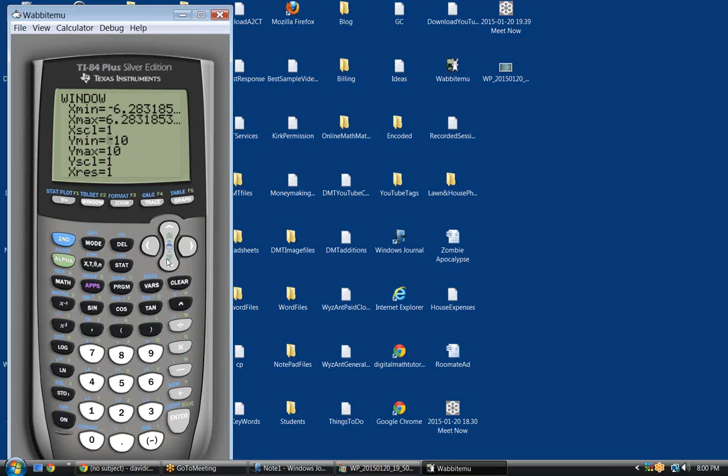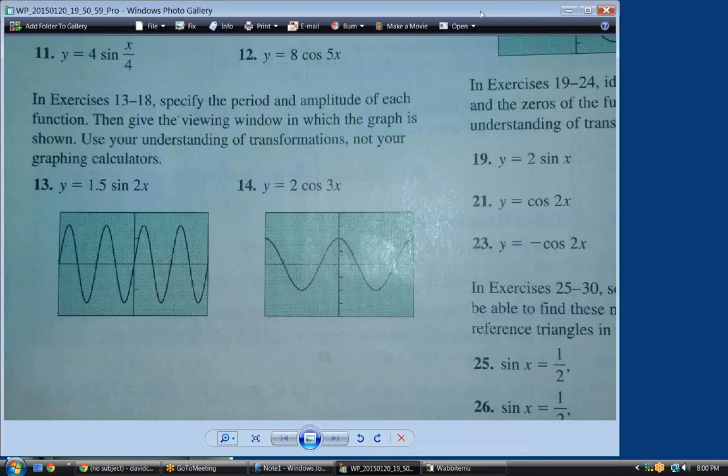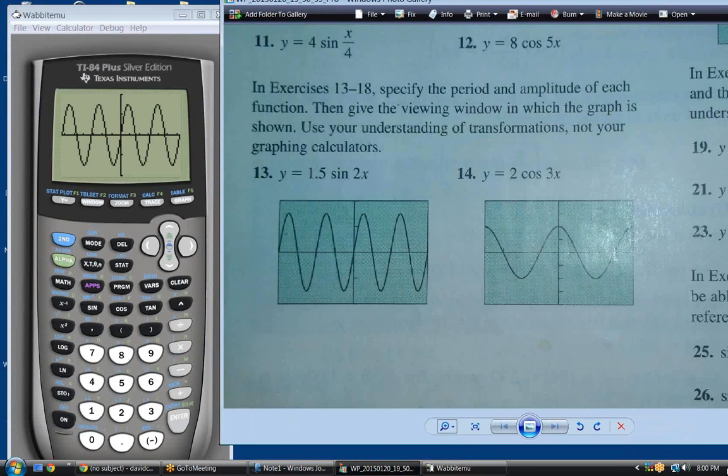The y needs to go from negative 2 to plus 2. And that should do it. We should be looking at something very similar to what they show. Yeah, looks like it. Okay.